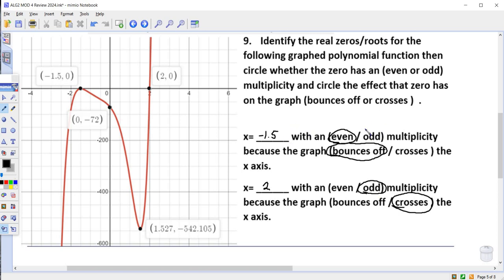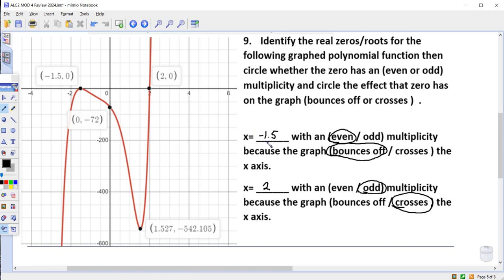So even multiplicity, just how many times is this zero repeated? It's repeated a minimum of 2 times. And it could be repeated 4 times, 6 times, 8 times.